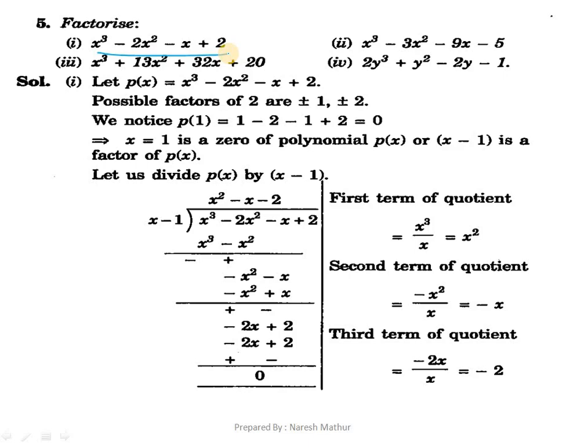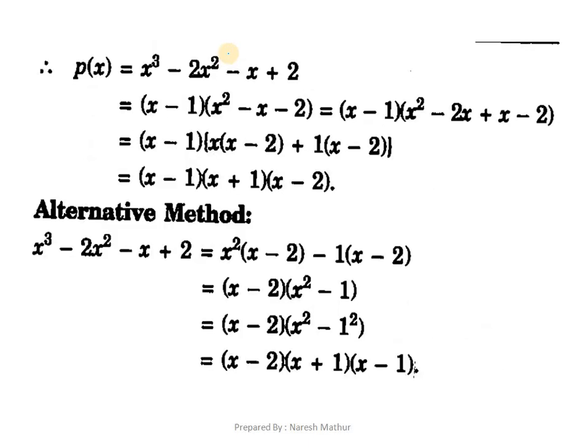In the previous class, you have studied this method. In this method we just took common from the first 2 terms and common from the last 2 terms, so that we can take x square common from x cube minus 2x square, and we'll get x minus 2, and again from the minus x plus 2 we are taking minus 1 as a common, so we'll have x minus 2 as a factor.